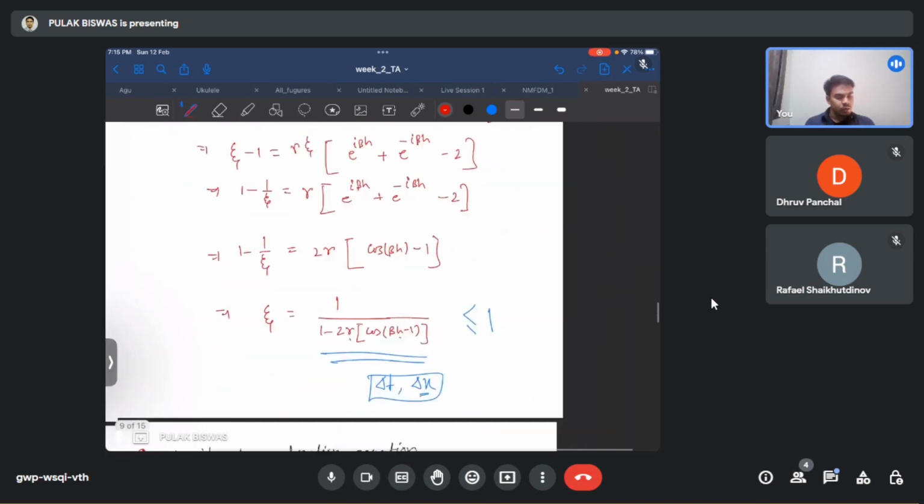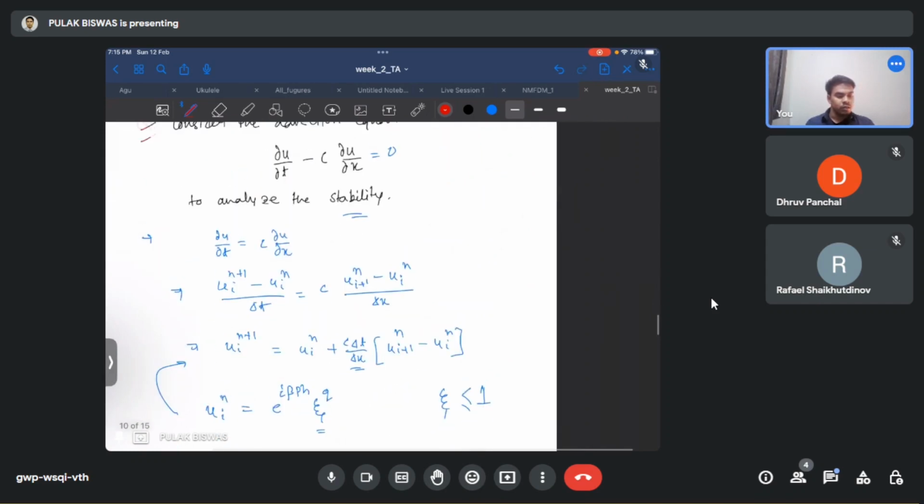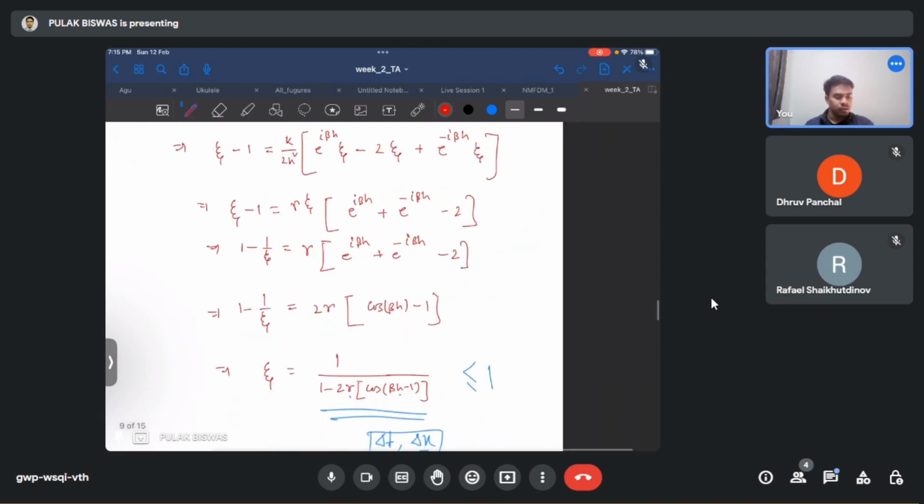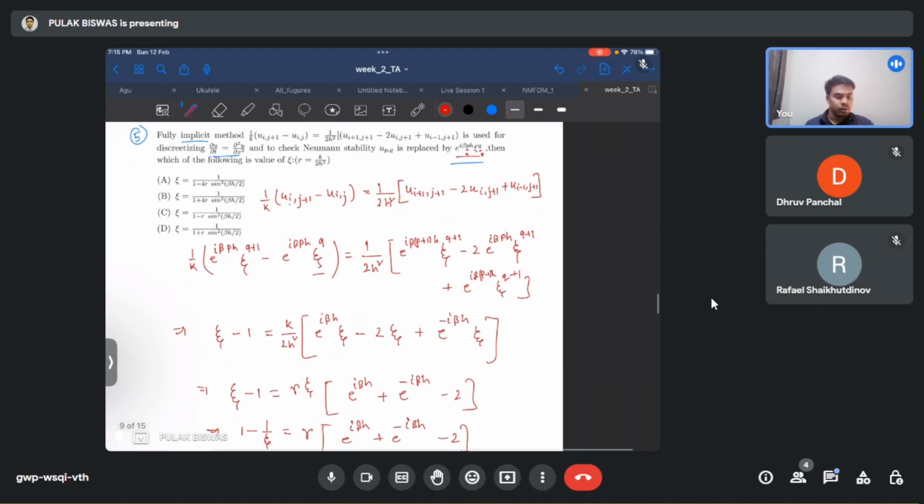So you can try for this one. Here some option will be correct. You can use the formula to simplify, and whatever is there will come.